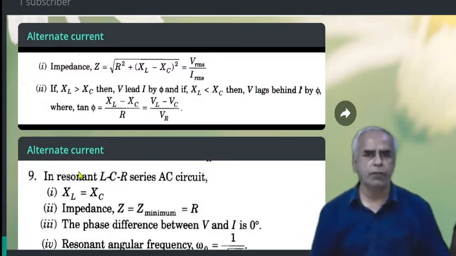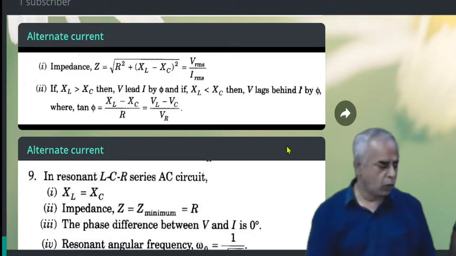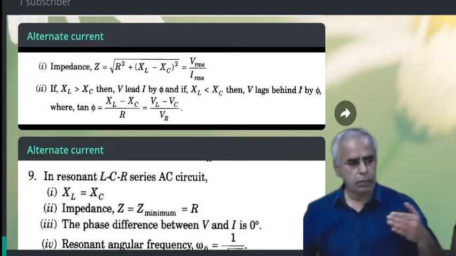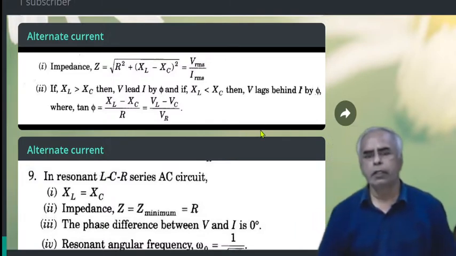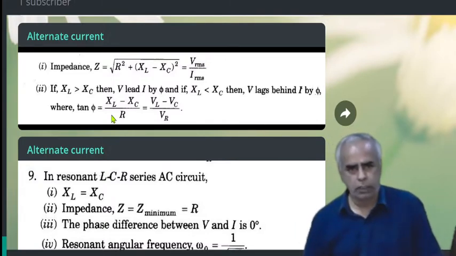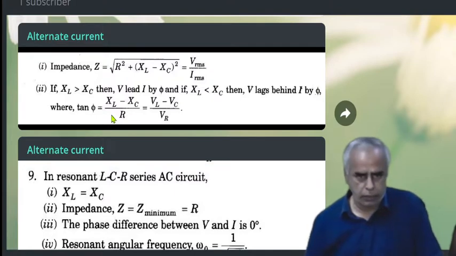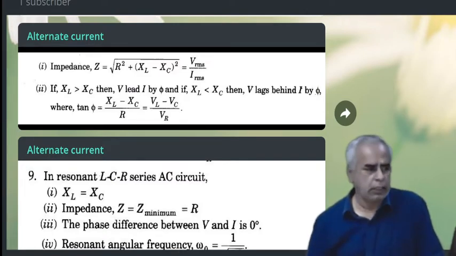And the phase difference between V and I, that we already discussed, because V is passing along the x-axis, so here the phase difference between V and I is 0. The resonant angular frequency, given by omega naught, is nothing but the reciprocal of the square root of LC. What is this L?